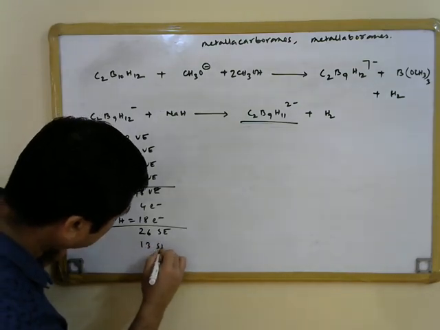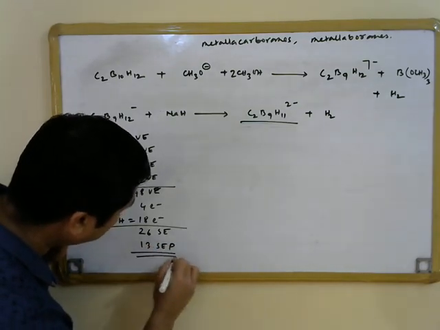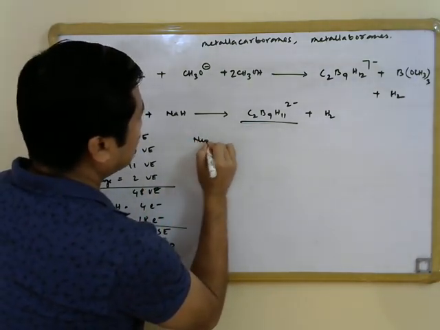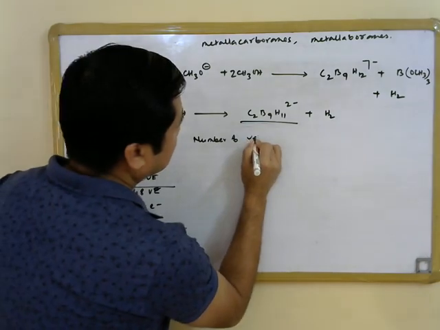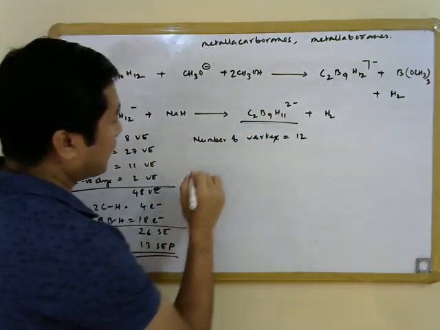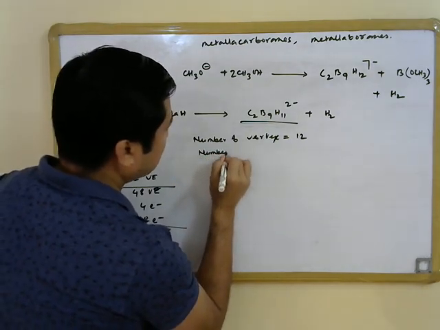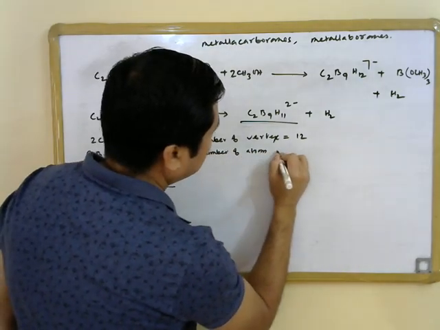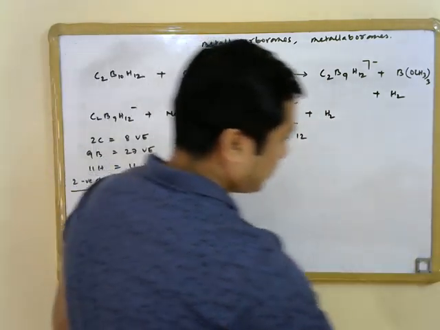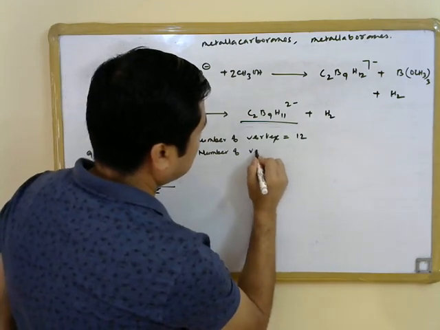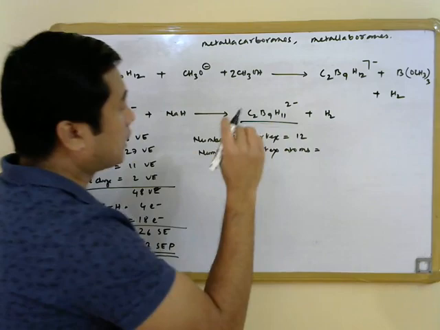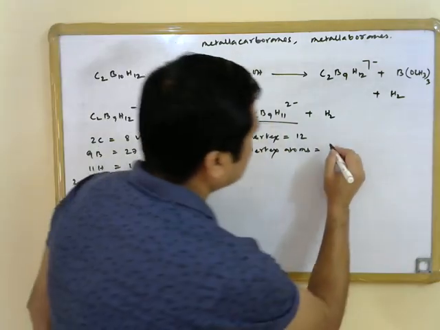And this is going to be 13 skeletal electron pairs, and once again the number of vertices is going to be equal to 12, but the number of vertex atoms is two carbon atoms and 9 boron centers, so it is 11.